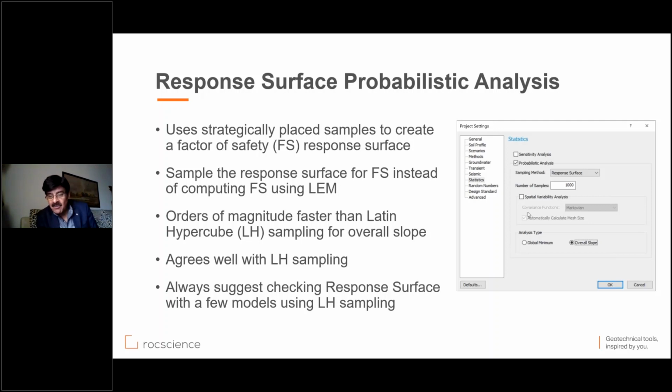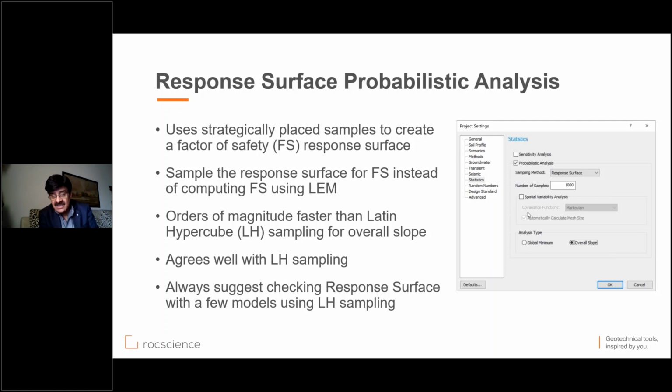In probabilistic analysis methods such as Latin hypercube, which is extensively used, the analysis done by response surface probabilistic analysis is several times faster than the analysis done by Latin hypercube, for example. The results agree very well with the Latin hypercube sampling.